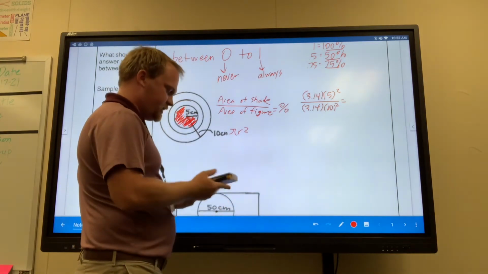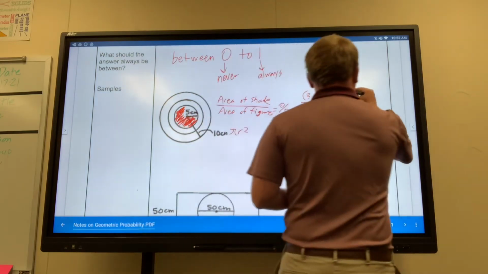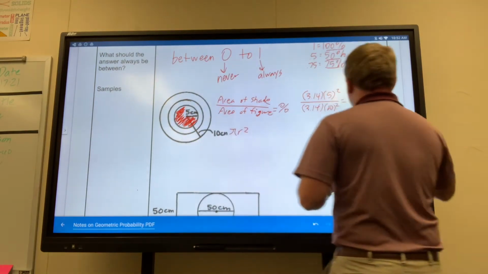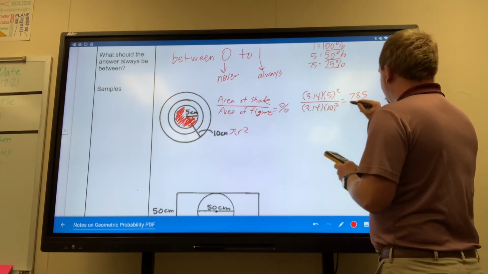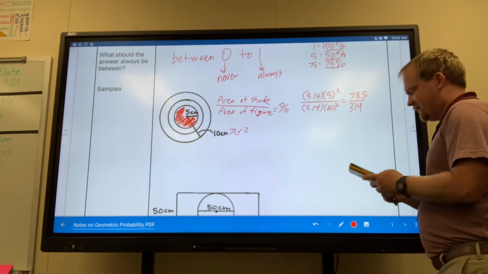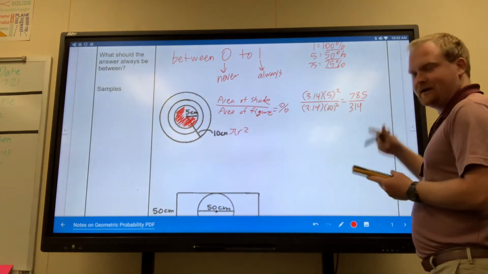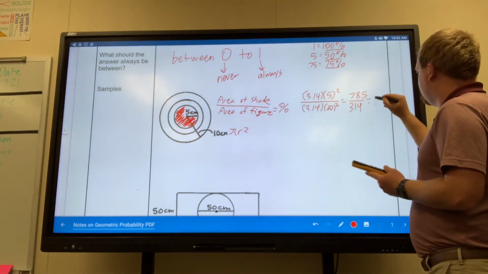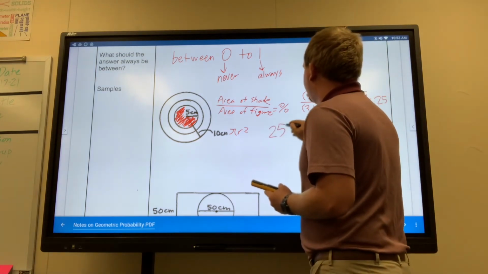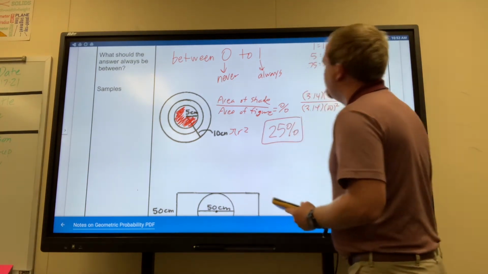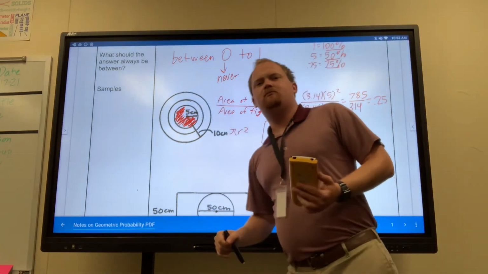Now I can multiply all that out to get 78.5 over 314. Now if I divide those two out, that gives me 0.25. So really, I have a 25% chance of landing on the bullseye here. Not too bad.